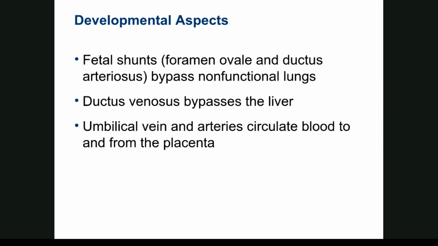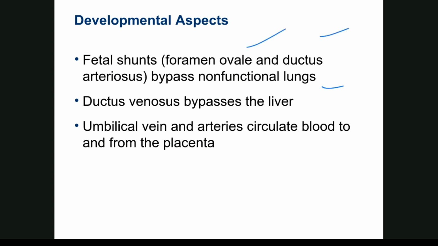Developmental aspects: in the fetus, there are several places where we have shunts to prevent waste of energy. The lungs are not used in the baby. The only thing they need to do in the fetus is to grow lungs. They don't breathe. They're parasitizing off mom, which is what they're supposed to do.